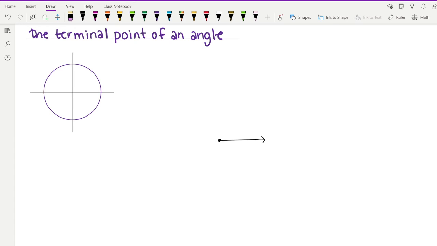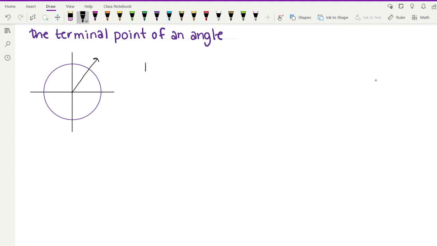And then when we draw our angles in standard position, we no longer need to draw that initial side, we just draw the terminal side, right? So we do something like that and say, okay, here's our angle. So the terminal point refers to the place that, if you draw your angle in standard position, the terminal side intersects the unit circle.